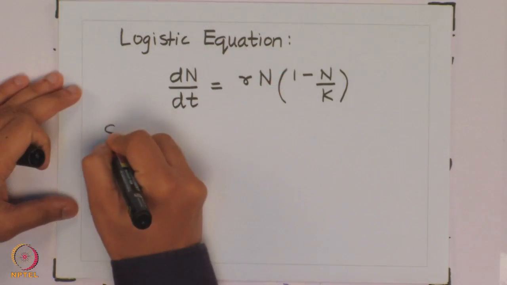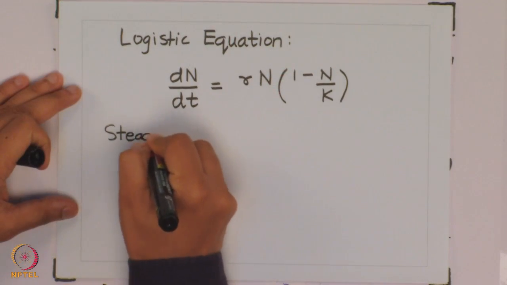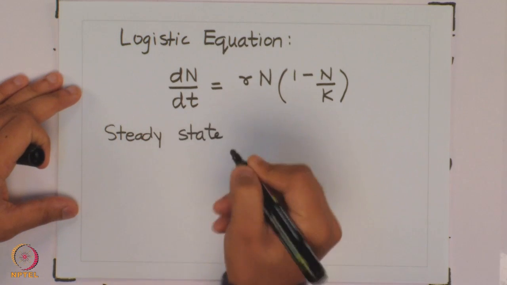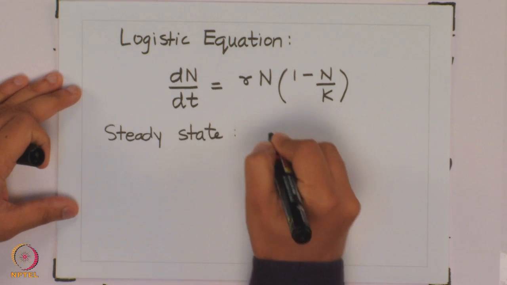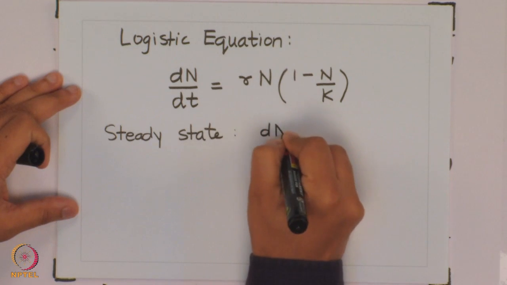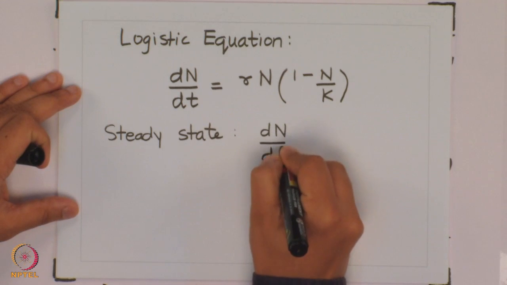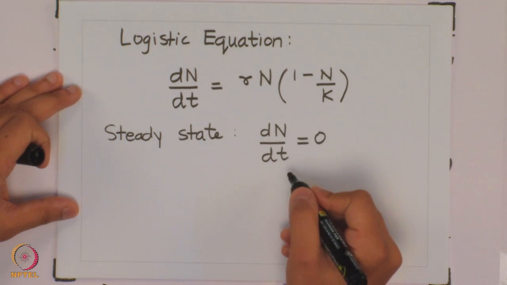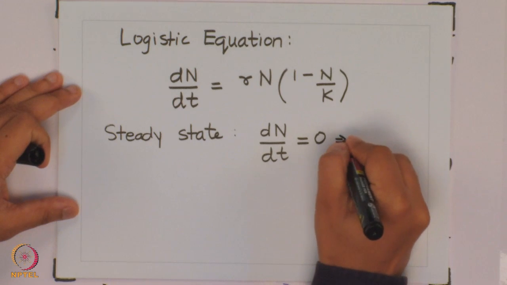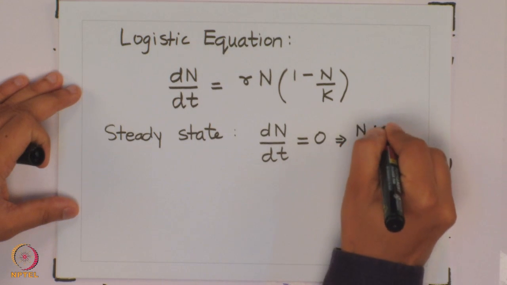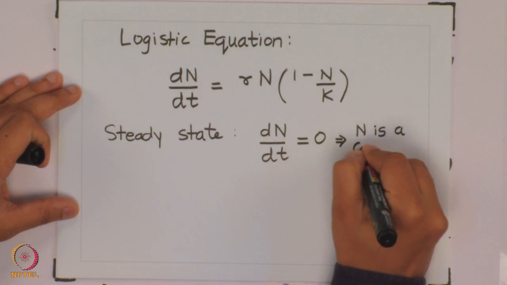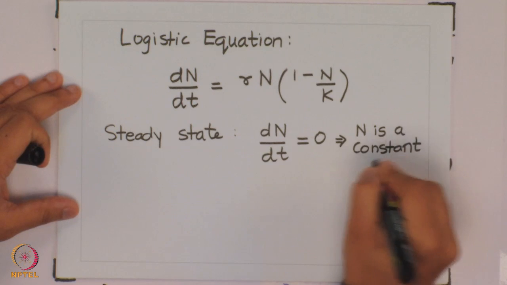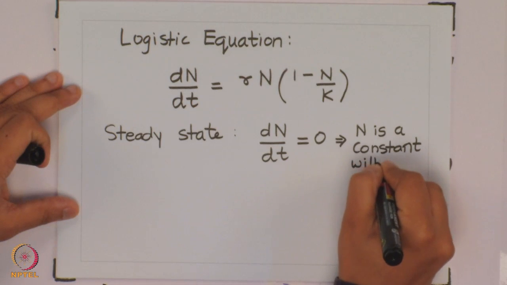So, a steady state of a system will be that value of N where dN by dt is equal to 0, which means N is no longer changing with time, which implies N is a constant with time.